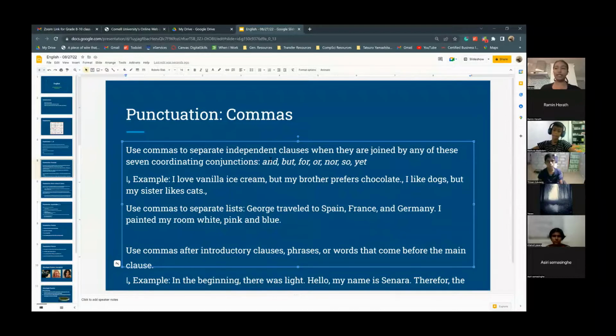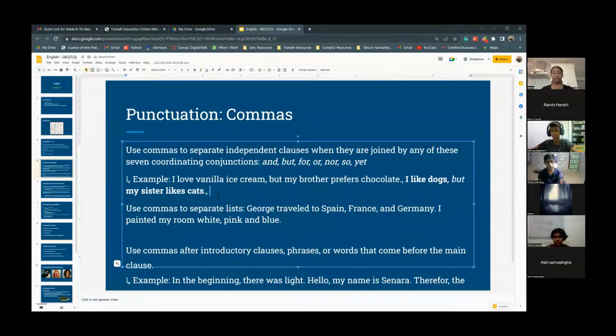And remember, independent clauses are clauses that can be used as a sentence by themselves. So in the example that Nicola gave us, I like dogs can be its own sentence, and my sister likes cats can also be its own sentence, and then they're joined together by the comma and then the conjunction.